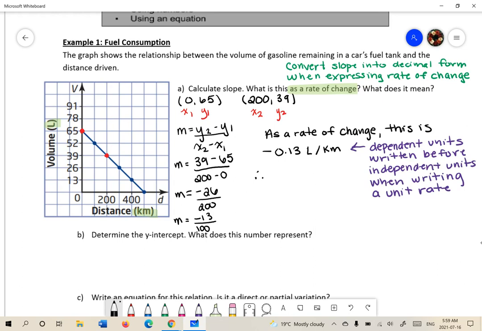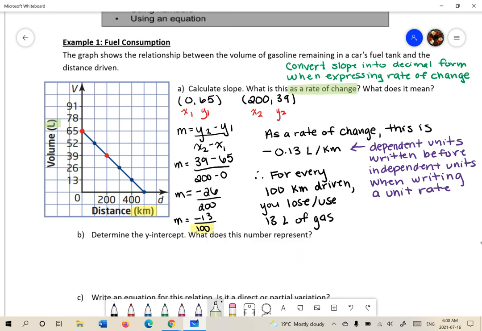Therefore, for every 100 kilometers driven, that's my denominator of my slope, you lose or use 13 liters of gas, which is why we get a negative, and it's my value for my numerator.